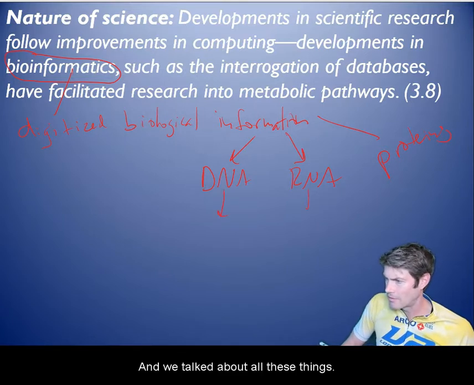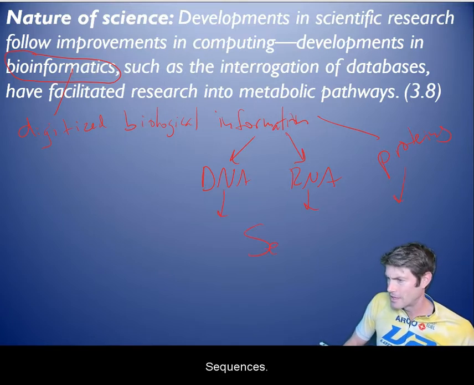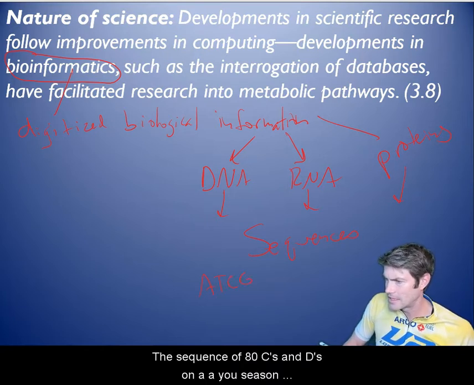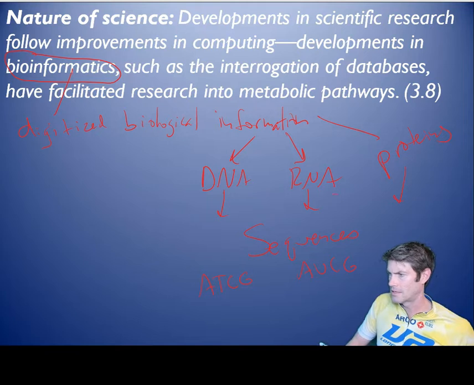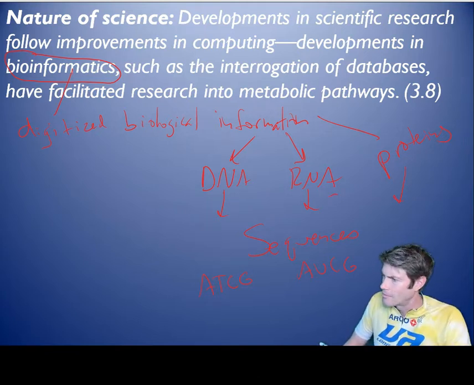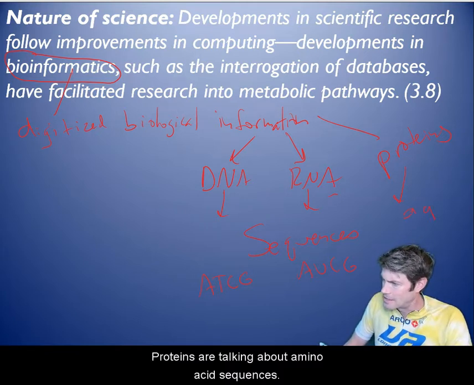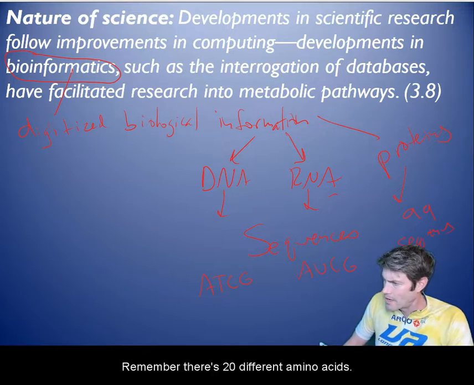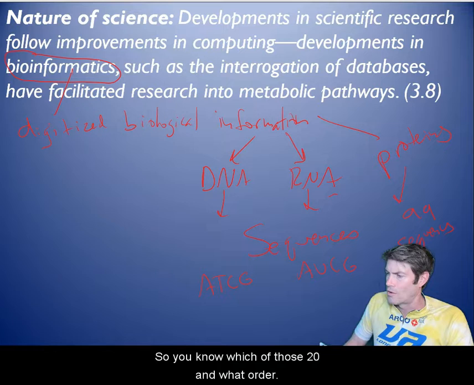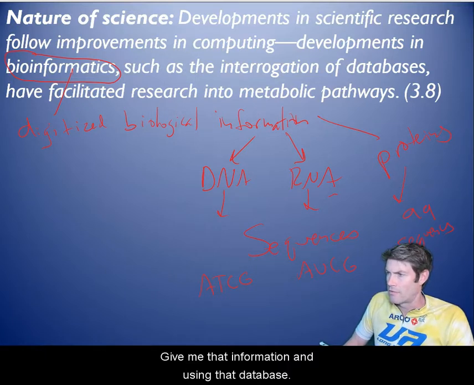And when we talk about all these things, we talk about sequences. So DNA, the sequence of A, T, C's, and G's; RNA, A, U, C's, and G's; and proteins are amino acid sequences. So remember, there's 20 different amino acids. Which of those 20 in what order gives you that information.